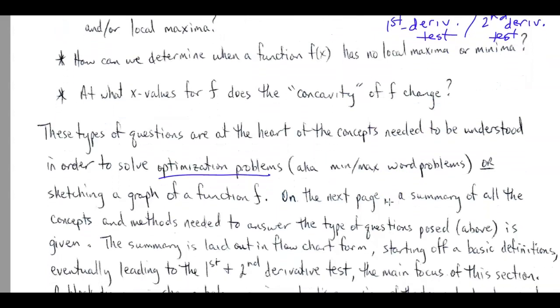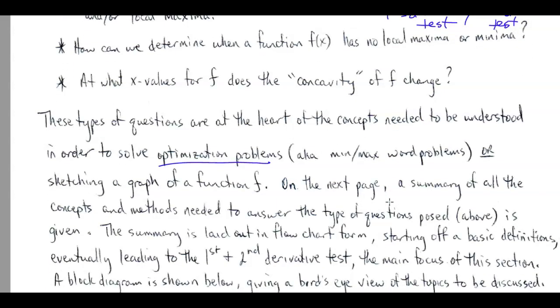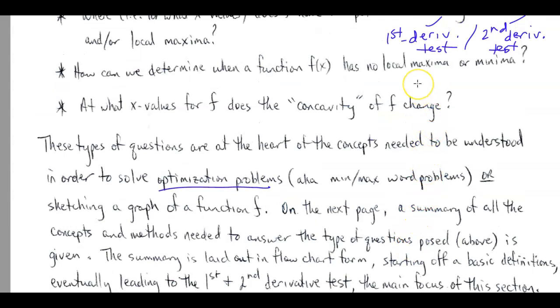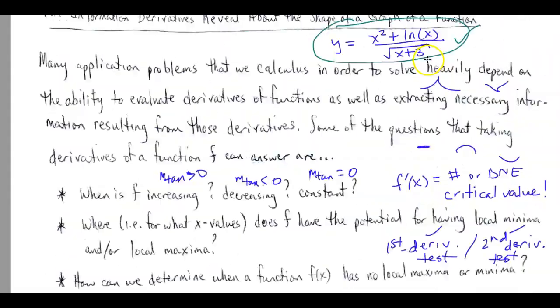So with that being said, what we're going to do next is compile all the concepts that we need to know in block diagram form. I'm going to take a 30,000 foot view of it first, just to give you some highlights on the concepts we need to know to, first of all, do the first derivative test and the second derivative test, and second of all, to be able to sketch the graph of some function, kind of like what we are considering here.